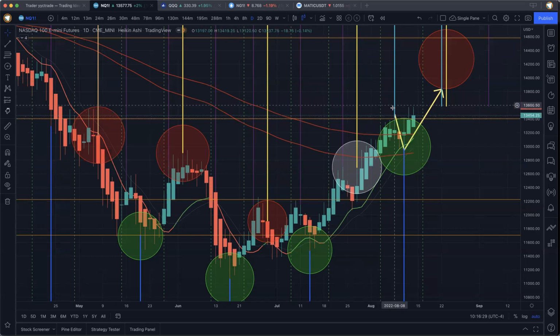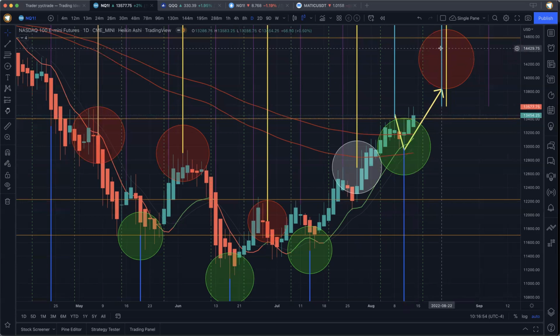And we got that high right on a magic level. So that was a perfect hit there on the morning of the 8th. Price sold off. Everyone got bearish. And then we got a little bit of news and everyone bought. So now here we are, we're separating above this magic level at 13,400, which is very bullish.